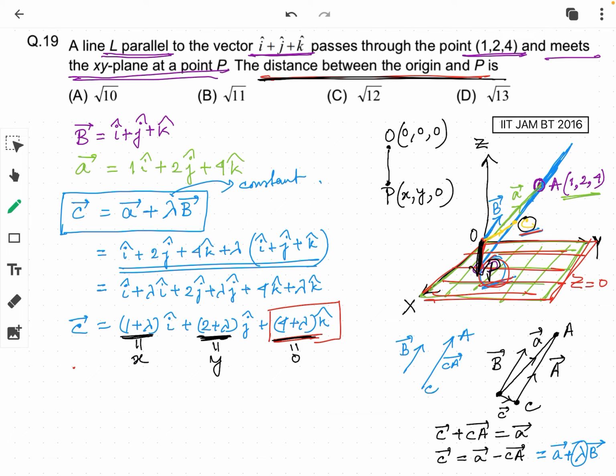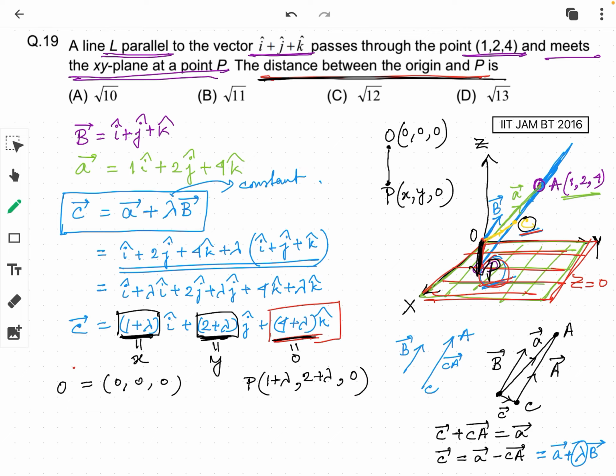That is, O is 0 comma 0 comma 0 and P has x equal to 1 plus lambda, y equal to 2 plus lambda, and z equal to 0.